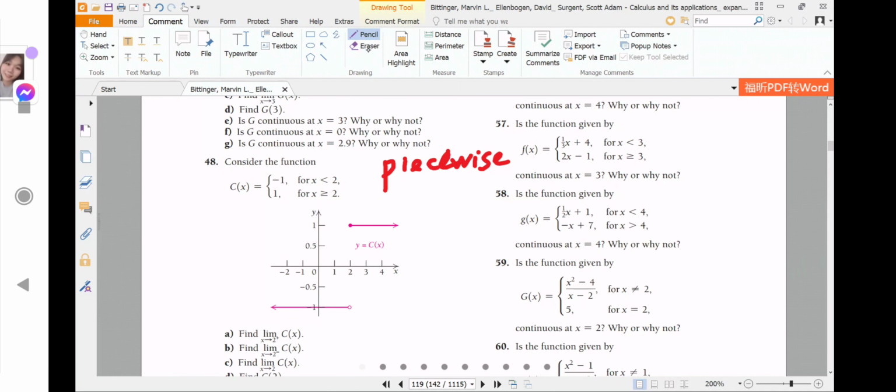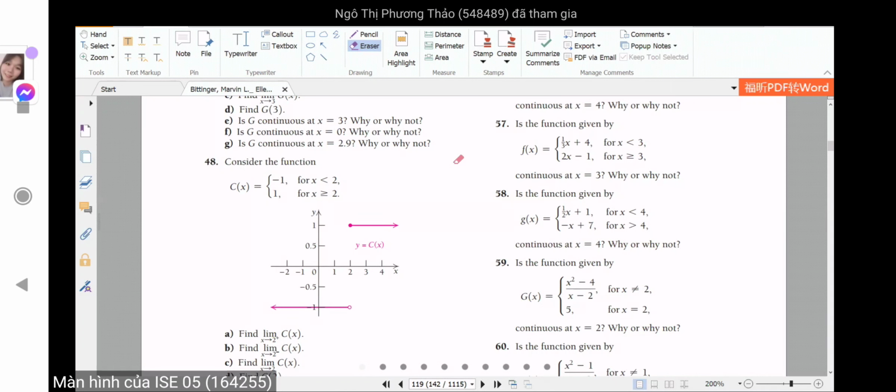And the first question, you find the limit of f(x) when x tends to 2 plus equals what number? 2 plus means x tends to number 2 from the right side.